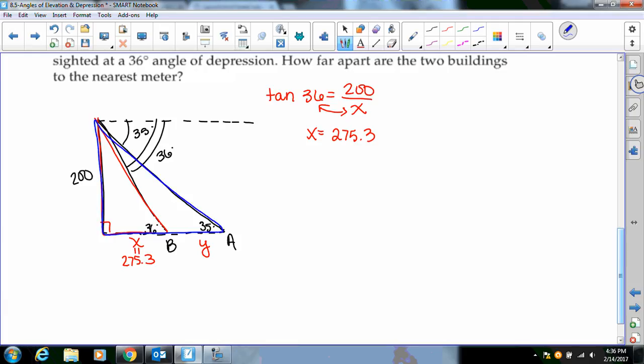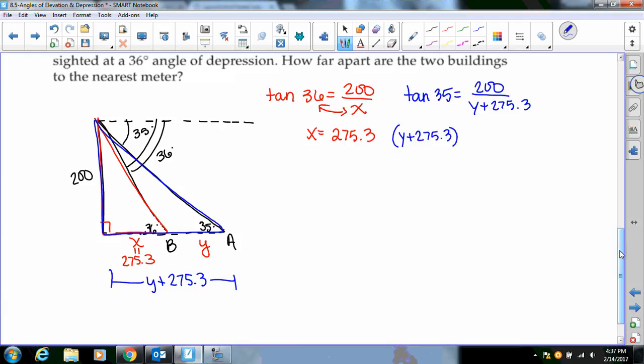And my big triangle, I need to use this side here, which would be y plus 275.3. So I have the tangent of 35 is equal to 200 over y plus 275.3. Okay, and then I'm going to solve. So I'm going to multiply by y plus 275.3 on both sides.